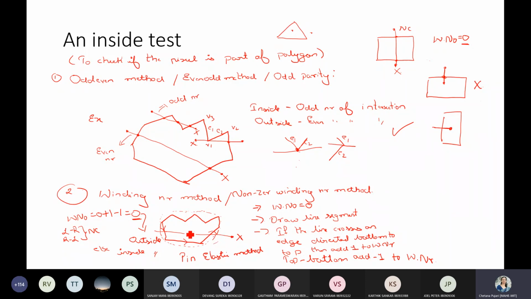If it does not intersect, say for example your point is here, then it is inside the polygon. I mean odd and even number of intersections. If you intersect here, only one intersection will be there, whereas in this case there will be no intersection, if it is inside.